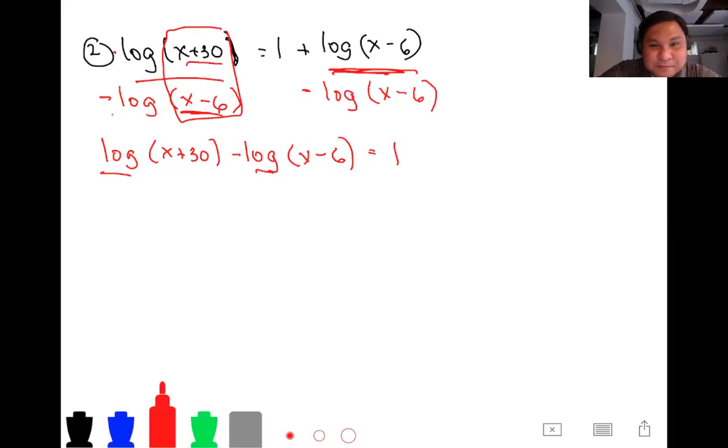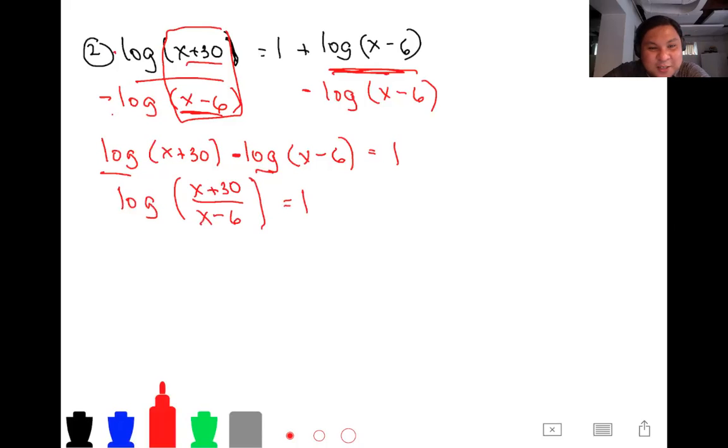Now that we have put all the logarithms onto the left side, we're going to continue simplifying by converting it into a single logarithmic expression. So logarithm of x plus 30 minus, take note, there's a minus sign here, so it is simply a quotient of logarithms.